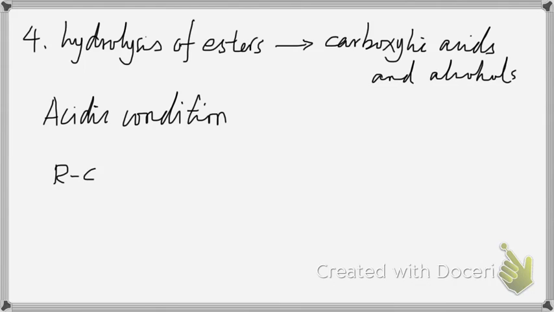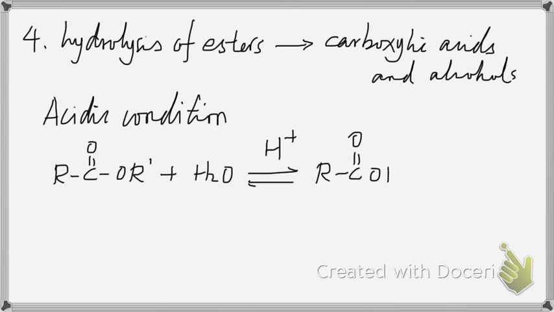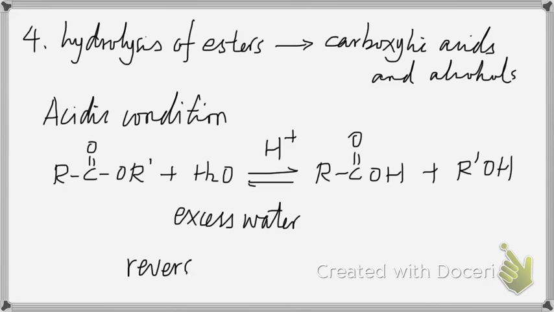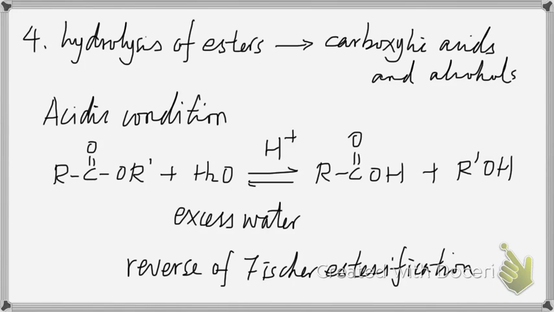First, let's see acidic condition. Under acidic condition, hydrolysis of ester provides carboxylic acids and alcohols. This is the exact reverse reaction of Fischer esterification, right? Fischer esterification is also under acidic condition. Carboxylic acid and alcohols give esters, right? So this reaction is under equilibrium.